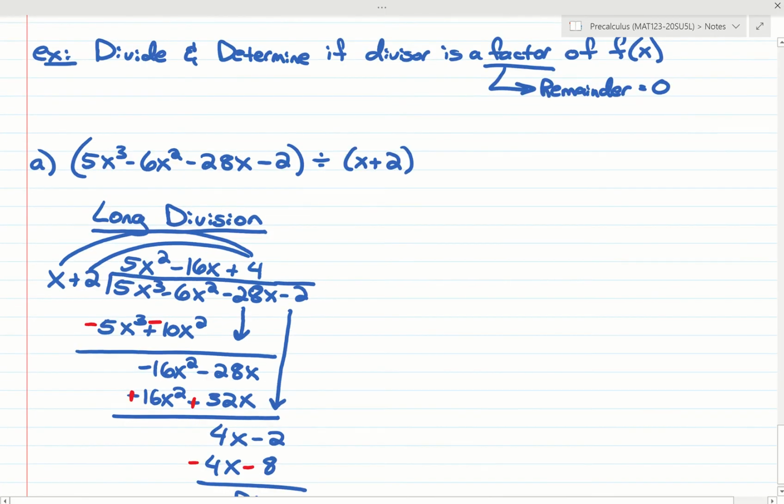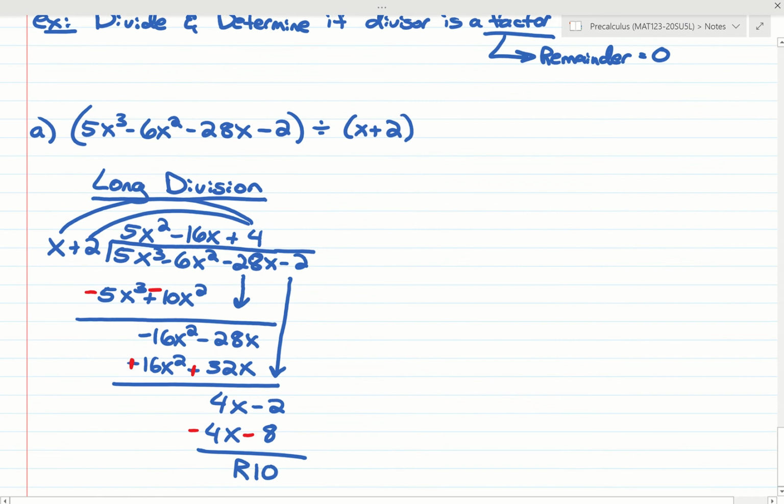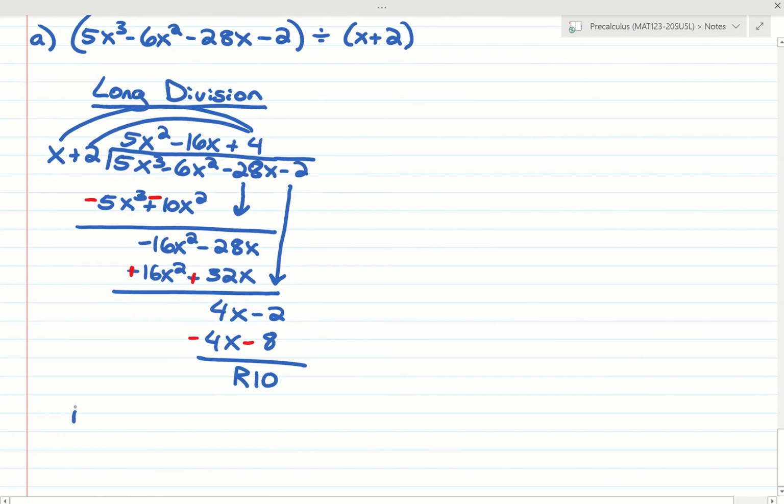So the question was, divide and determine if the divisor is a factor. The answer is not a factor, because the remainder is equal to 10, right?